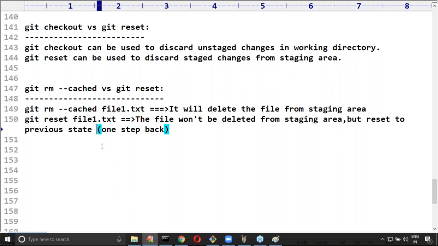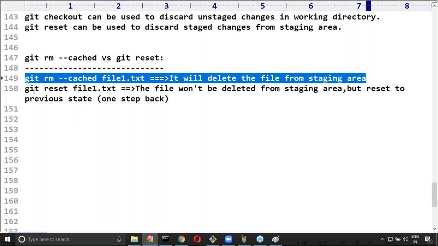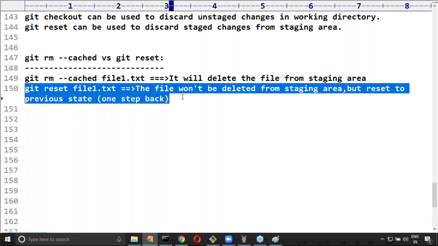Sometimes there may be a chance to ask what is the difference between git rm --cached and git reset. Here the file will be removed from the staging area, but here the file is not removed. Only one step goes back.